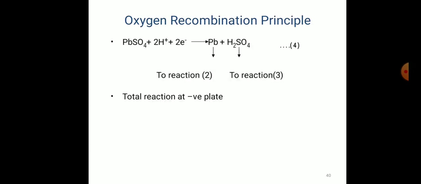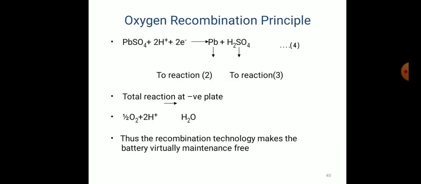The lead is the plate and the H2SO4 is the electrolyte. Already we generated the H2O and we get the electrolyte. The total reaction at the negative plate is O2 plus 2H, that is H2O. Thus the recombination technology makes the battery virtually maintenance free.